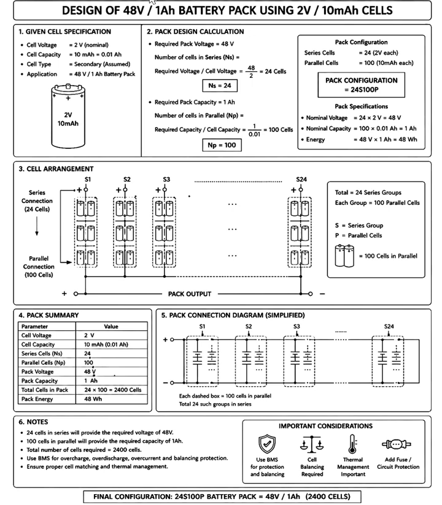First of all, usually the battery voltage can be increased by adding individual cells in series combinations.